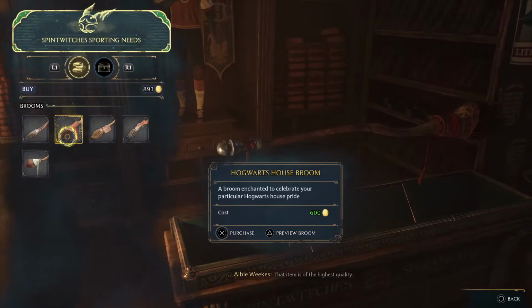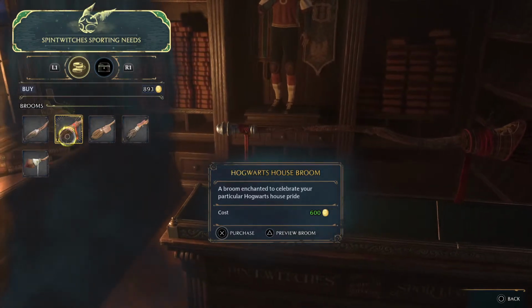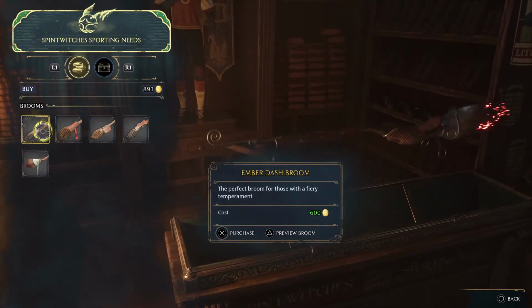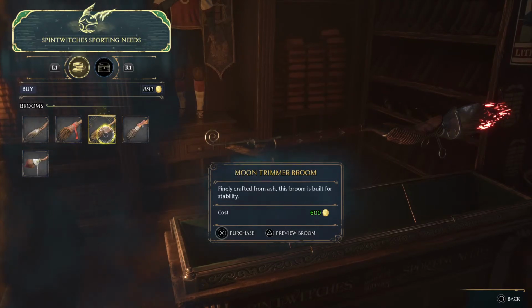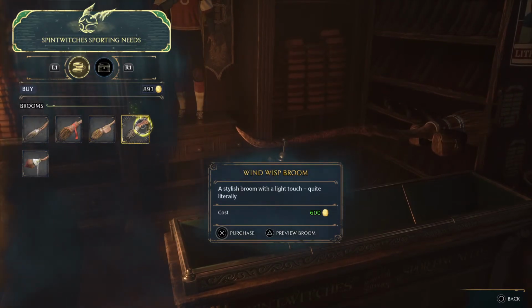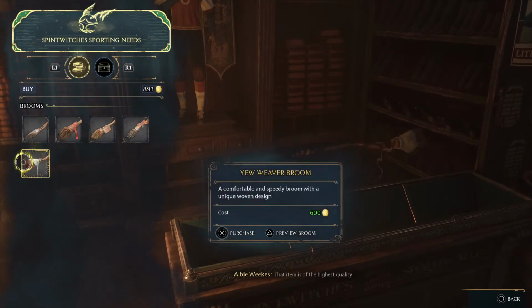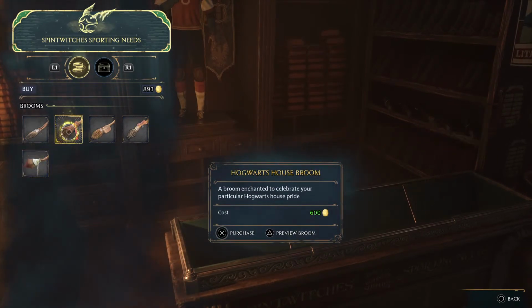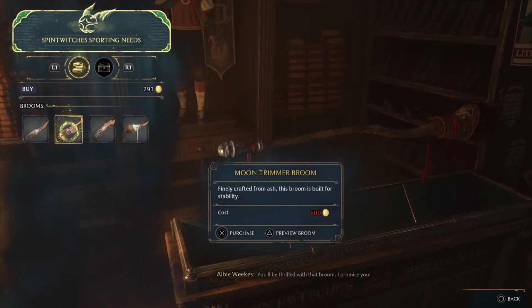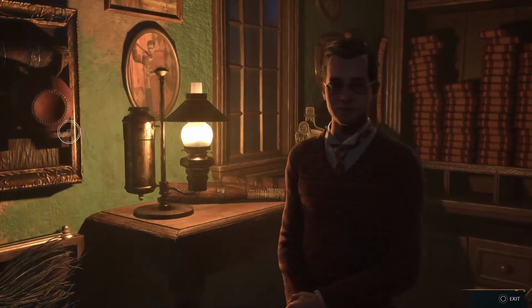That item is of the highest quality. You'll be thrilled with that broom, I promise you.